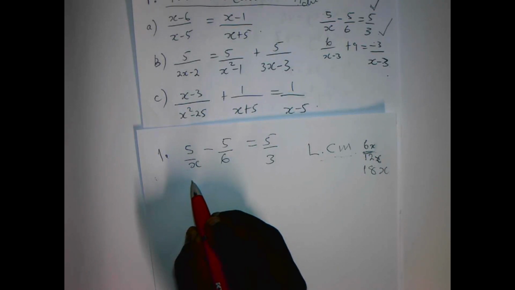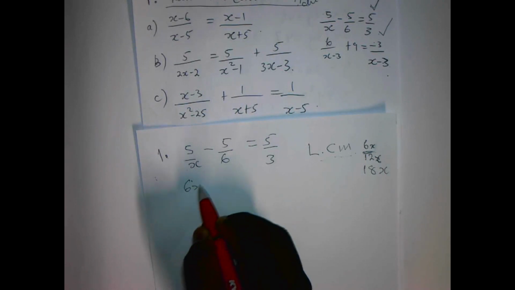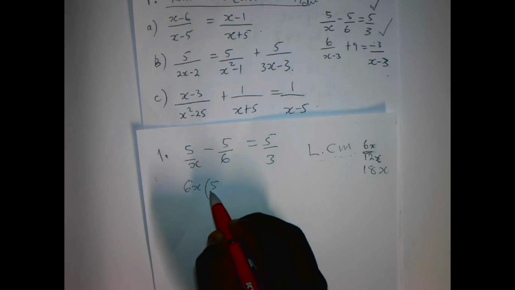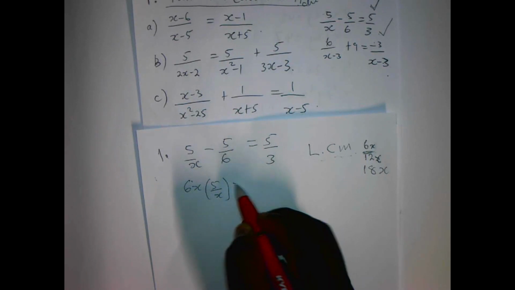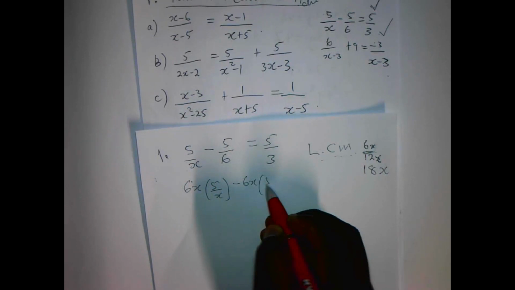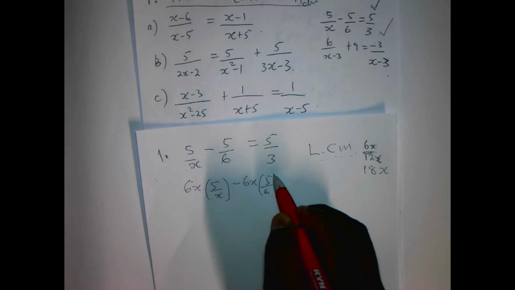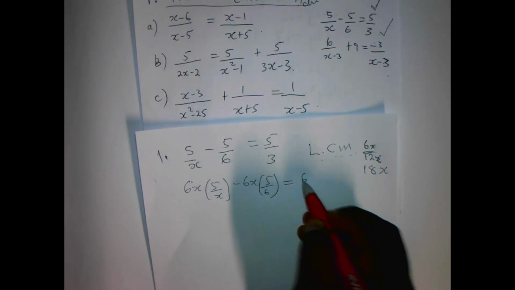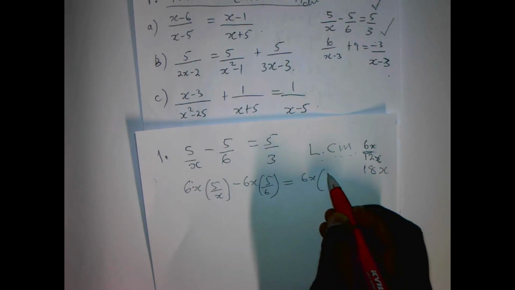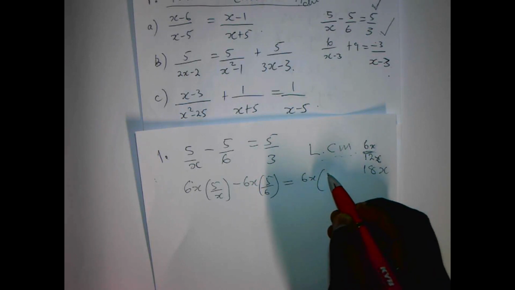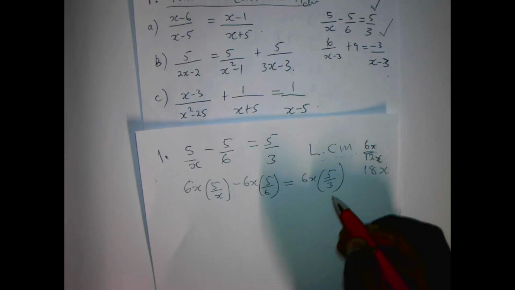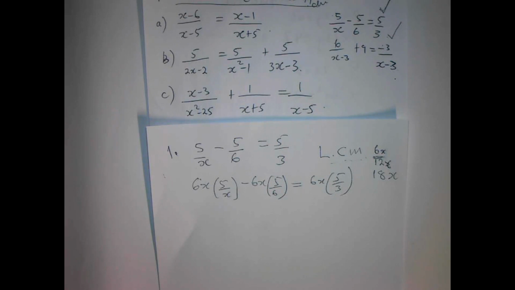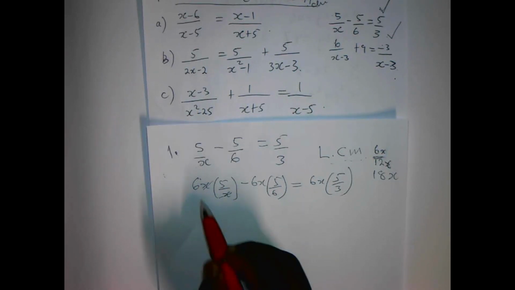So we will have 6x, we multiply by 5 over x, minus 6x multiplied by 5 over 6 is equal to 6x multiplied by 5 over 3. See what we've done? So this we can divide.